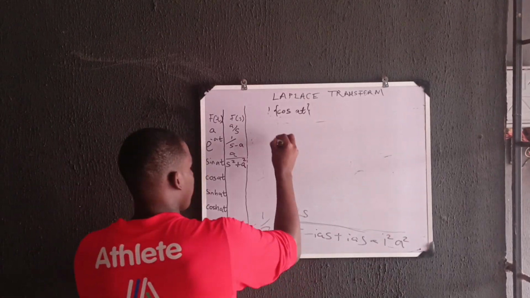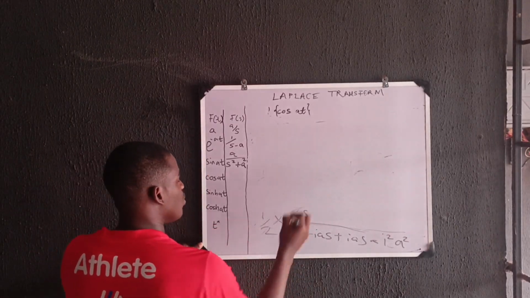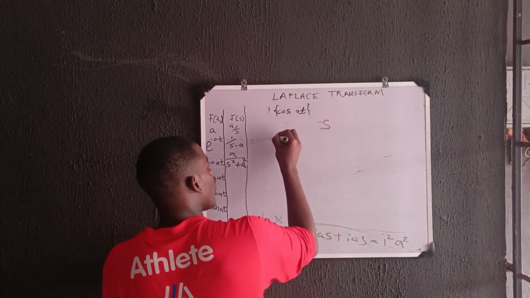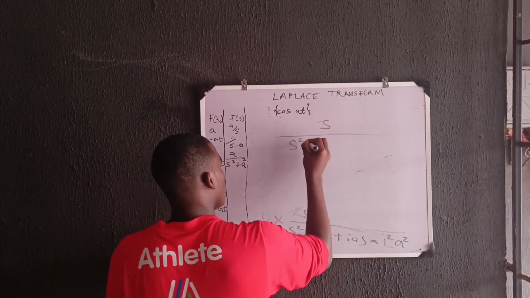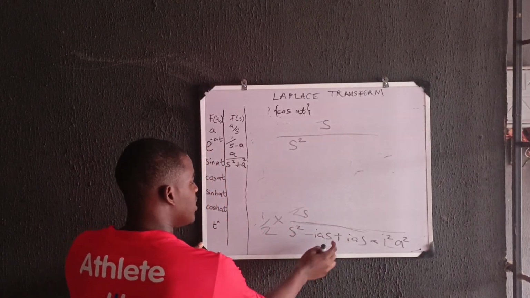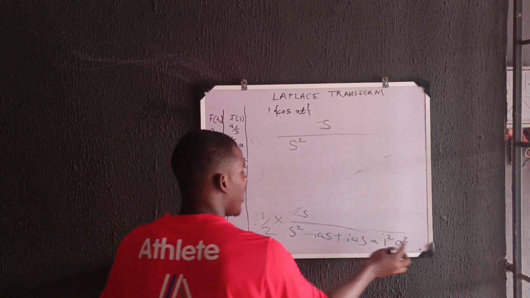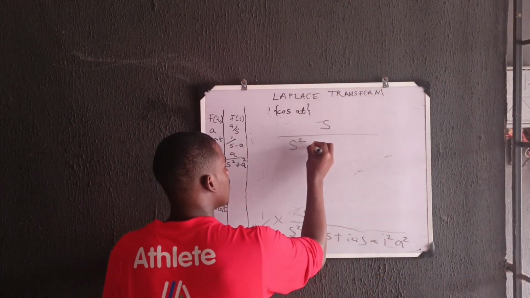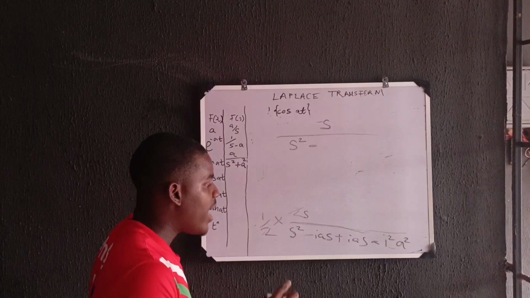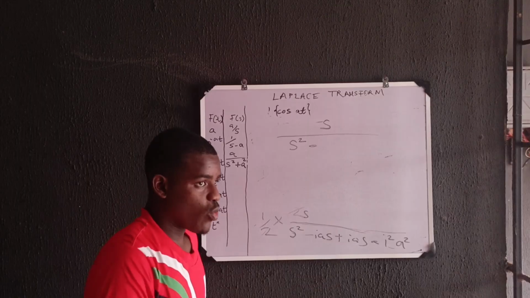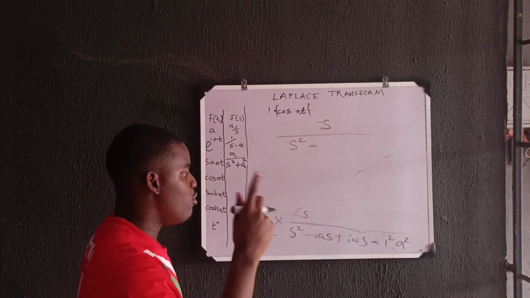So we are now going to have 2 cancel 2. As 2 cancels 2, we have only S on top. So S all over S squared plus what? This IAS minus IAS plus IAS is 0. Then this one is going to give us minus, I told you I squared is the same thing as saying square root of minus 1 times square root of minus 1, which gives you minus 1.